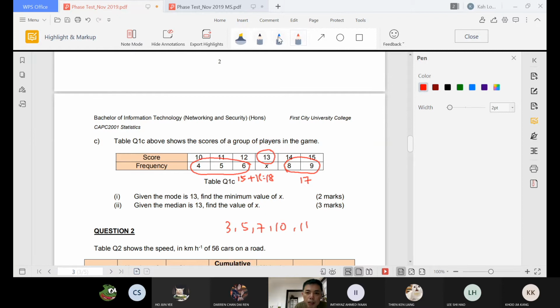Last time when you learned, you know that you cut, so with an odd set, you will leave only the middle. So 15 plus x equal to 18. So 18 and 17 is 35, the data itself. You want to have median 13, so the total of the left hand side must be 18 data. So x must be 3.